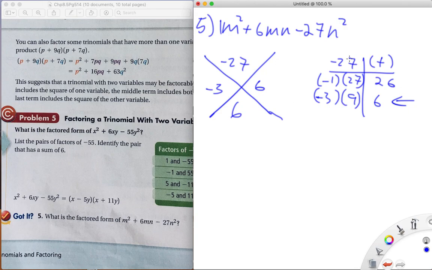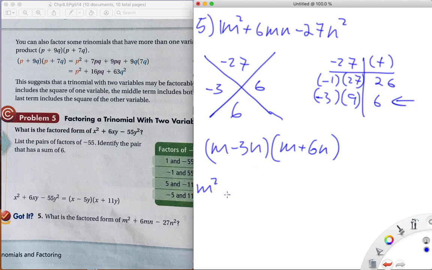When I set this up, it's going to be m minus 3n, right? We found a number in front of n, and then m plus 9n. Okay? Doing FOIL, m times m is m squared.